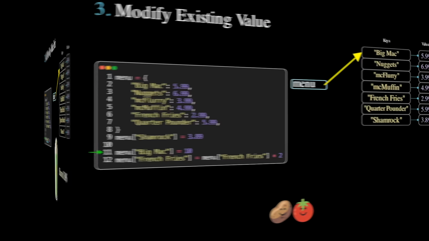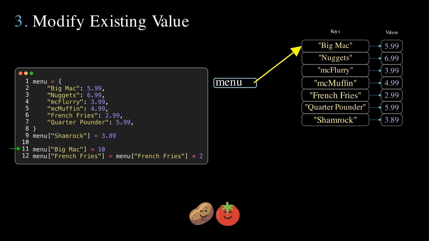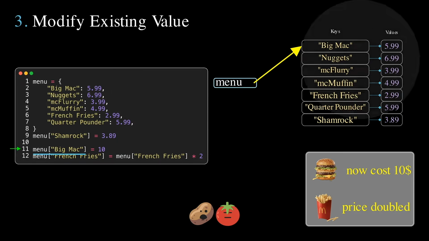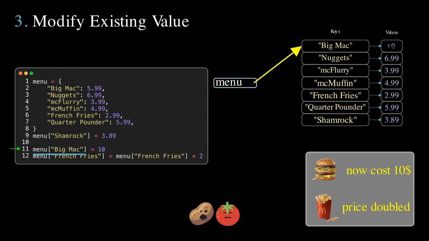Next up, we have modification of an existing key-value pair. Due to inflation, McDonald's has decided to change the price of its popular item, Big Mac, to $10 and double the price of French fries. On line number 11, we write menu square bracket Big Mac equal to 10. This updates Big Mac to $10. But for French fries, we're doubling its price, so it depends on the current price.